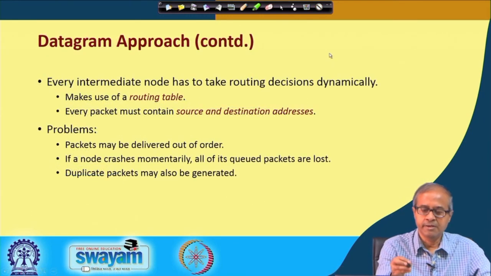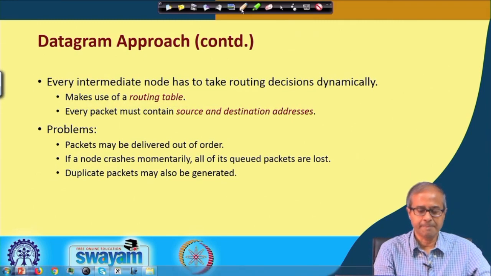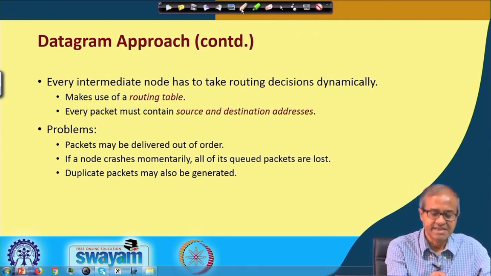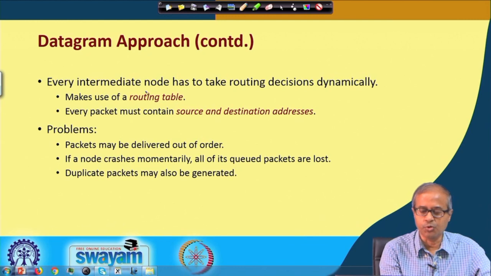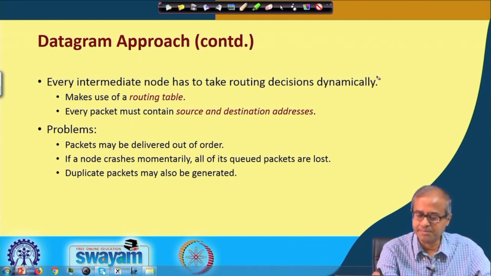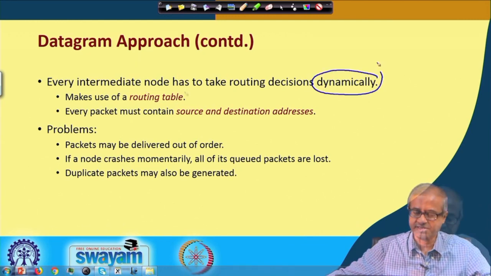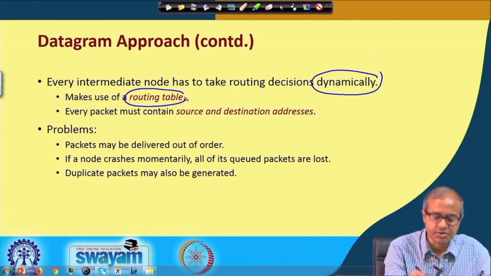Fine. So, here every intermediate node will be taking some dynamic decisions. It will be maintaining something called a routing table.